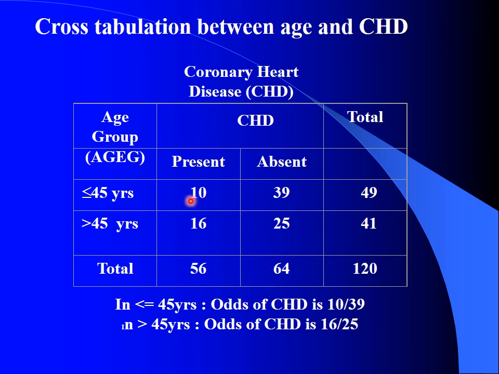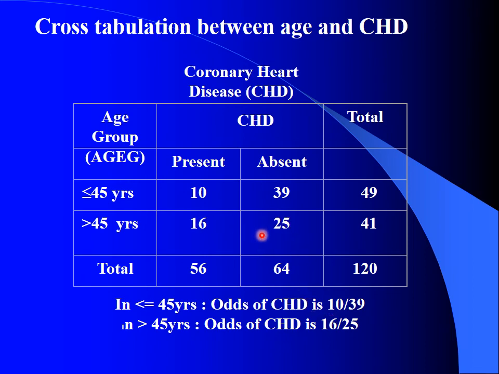Let me talk about here. Among the younger age group, we have 10 with CHD and 39 non-CHD. So the ratio of that is odds, 10 divided by 39, and this is 16 divided by 25.